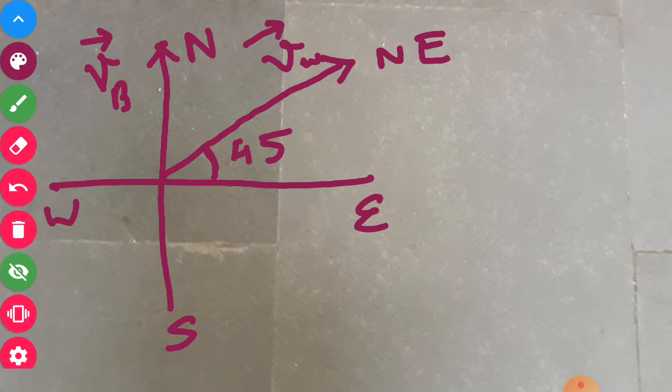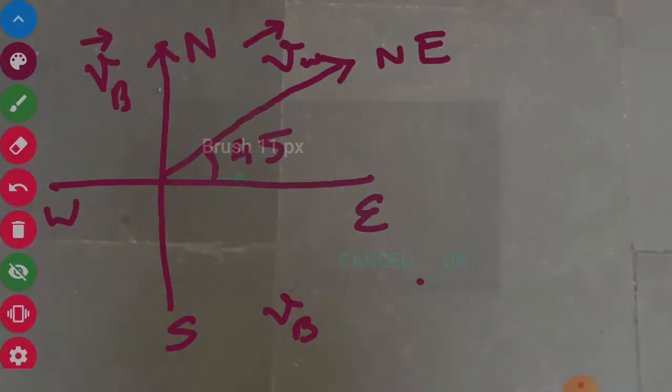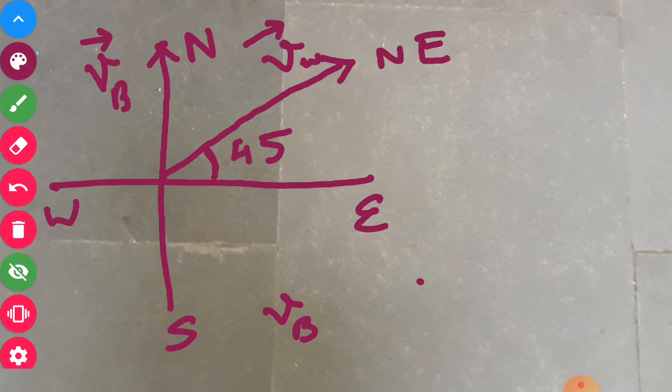Now we want to find out the velocity of wind with respect to the boat, because in the direction of wind the flag will flutter. Try to understand.